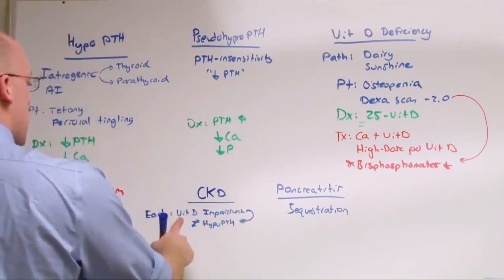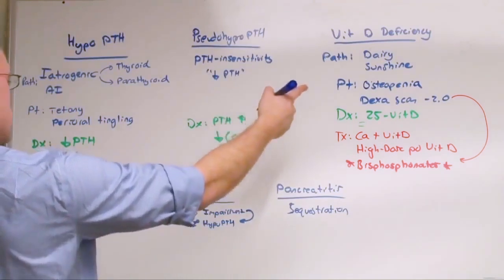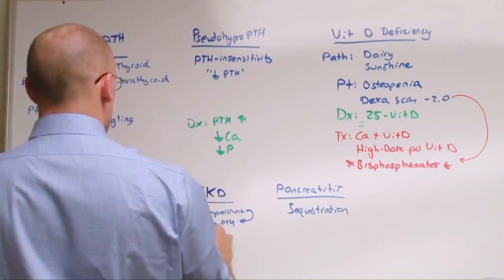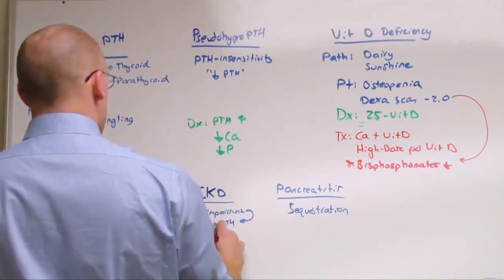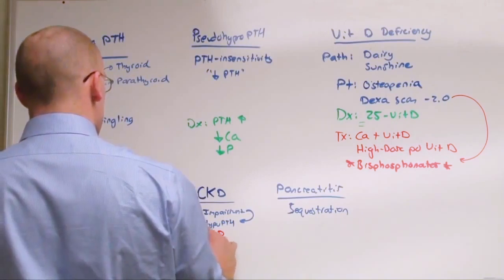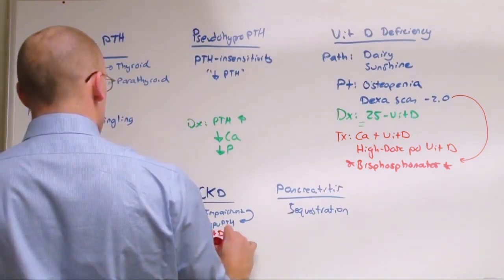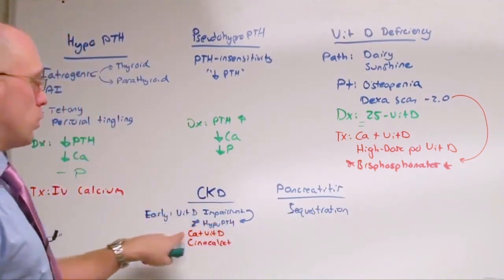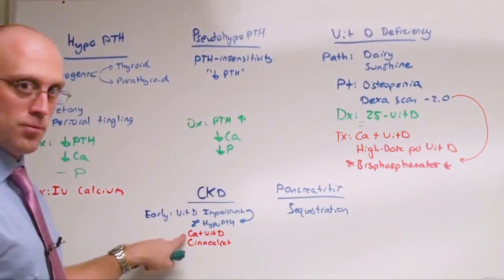Vitamin D can't absorb the calcium. It's like you're vitamin D deficient. These patients are definitely the ones you treat with calcium and vitamin D. The bonus points here is going to be the cinacalcet, the calcimimetic agent that tries to decrease the amount of parathyroid hormone while you replace your calcium and vitamin D.